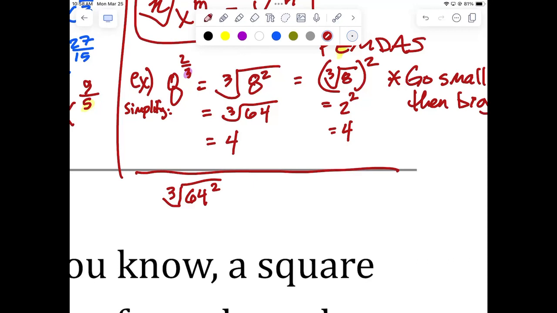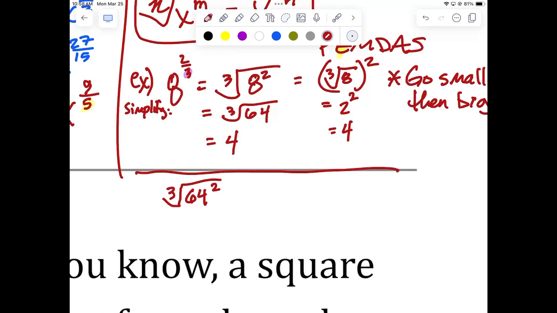What's 64 squared without a calculator? 64 squared is big. And now I have this big number, and I got to take the cube root of that big number? Whoa. No, thank you. But can we take the cube root first and then square it? It would work.